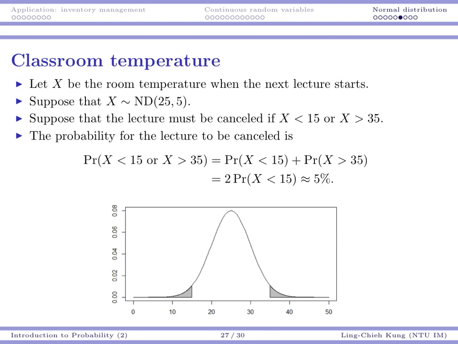Okay, so let's continue. Let's use our classroom temperature example to further illustrate the concept of normal distribution. Again, let X be our room temperature when the next lecture starts. Okay, we know it's not uniform, and in the previous videos we used a level function to describe its randomness.